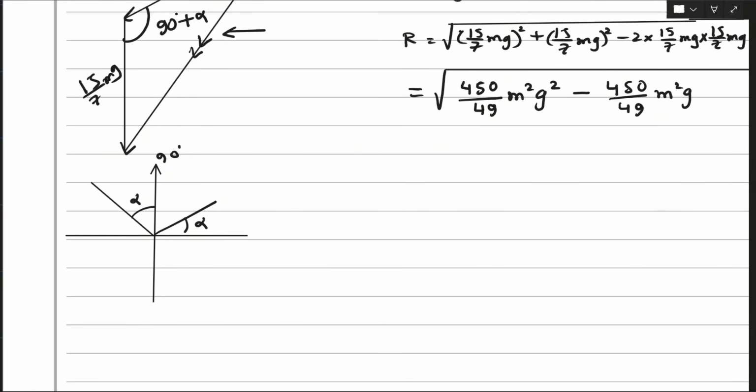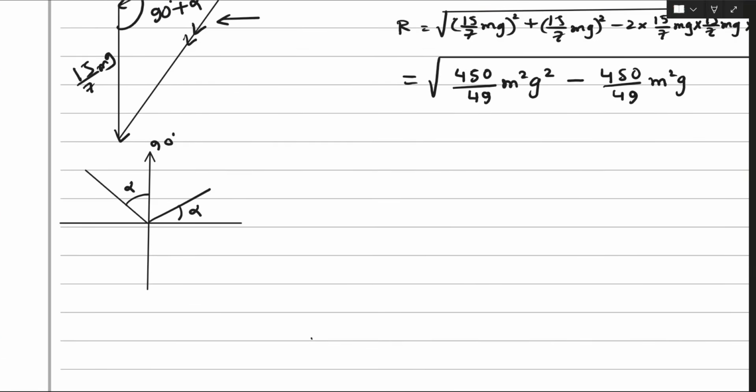So we know that cos is negative in the second quadrant. So in order to find a simplified value for cos 90 plus alpha, we can use the addition formula for cos.